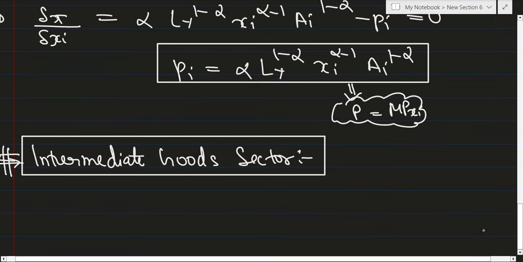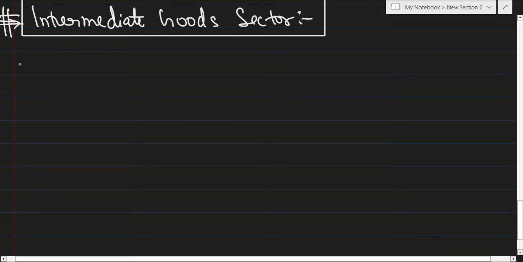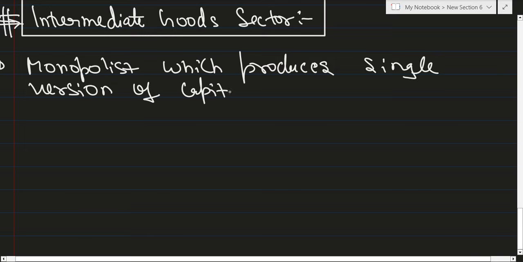Now we have a single monopolist which produces a single version of the capital good, that is Xi. They buy a design.